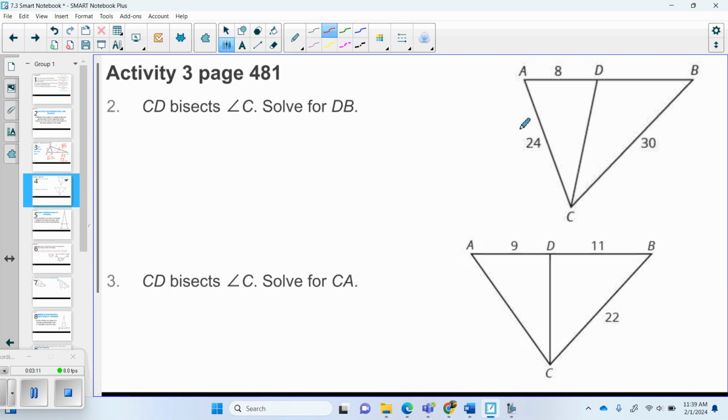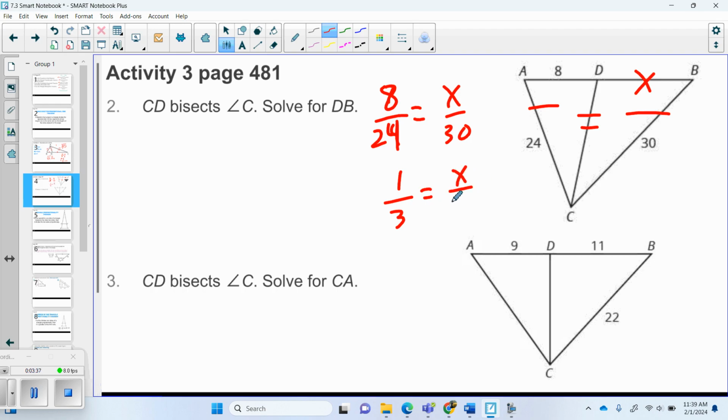So here's another one. I'll do this one, and I'll let you pause the video for the next. So as I said, this is the equal sign. I want to solve for x. So I have 8 over 24 equals x over 30. I'm going to reduce 8 over 24 to 1 over 3 to make my numbers easier, equals x over 30.